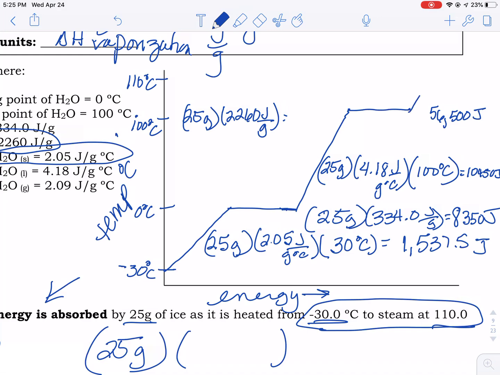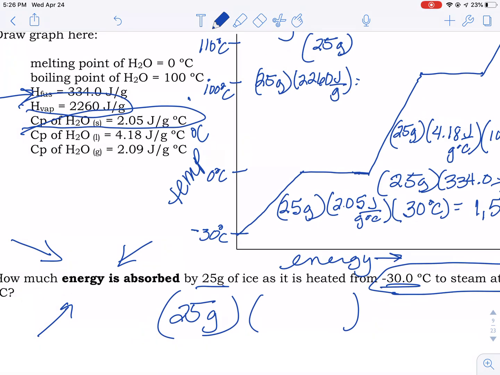Once it's all steam, it can begin to heat up again, and it heats up to 110 degrees Celsius. At 110 degrees Celsius, we can use MCAT again, 25 grams. The specific heat of steam is 2.05 joules per gram degree Celsius.